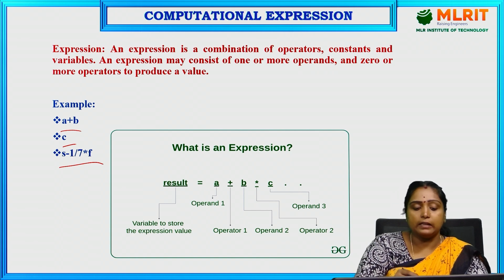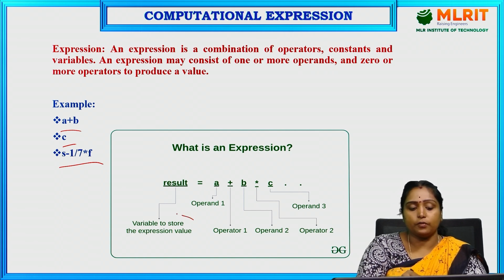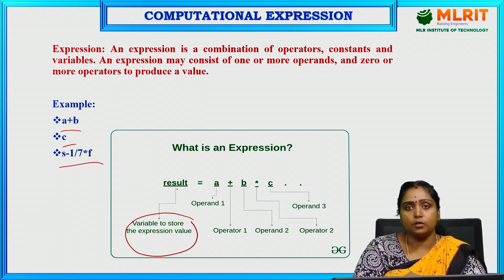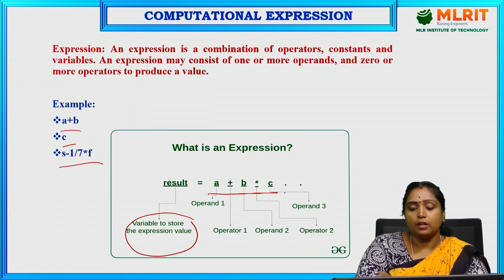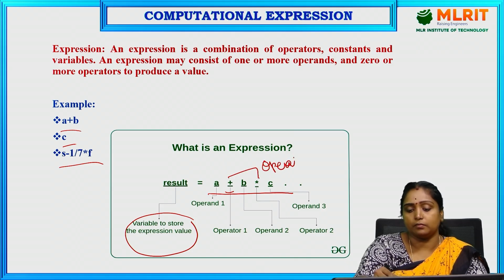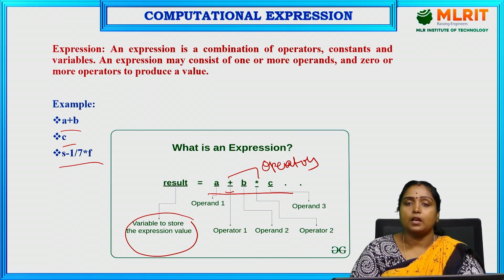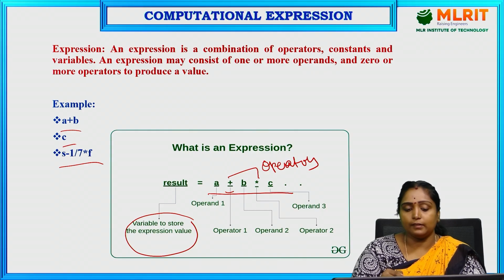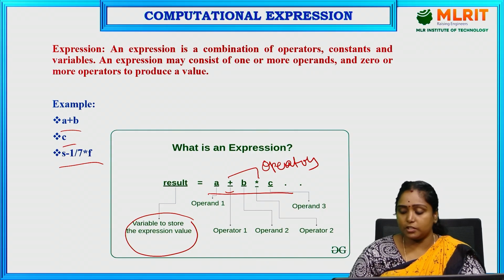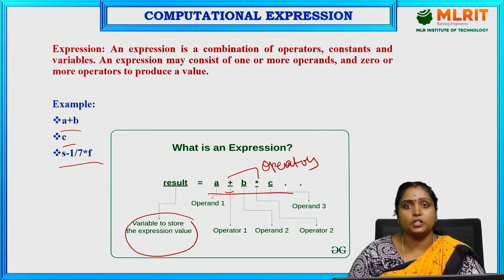A variable is used to store the value of this particular expression. Here a, b, c are operands, whereas plus and star are operators. This is what a general expression looks like, which is called a computational expression.